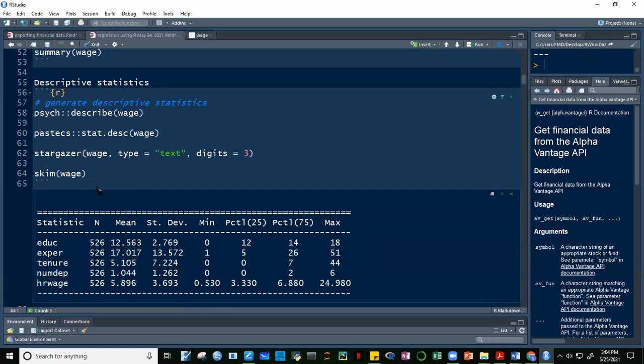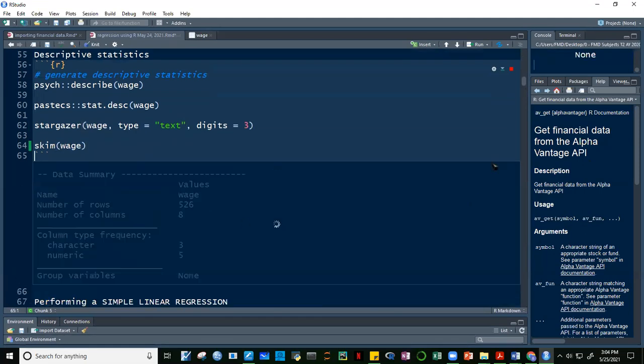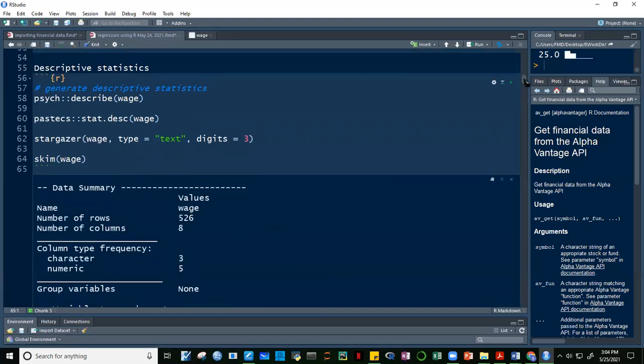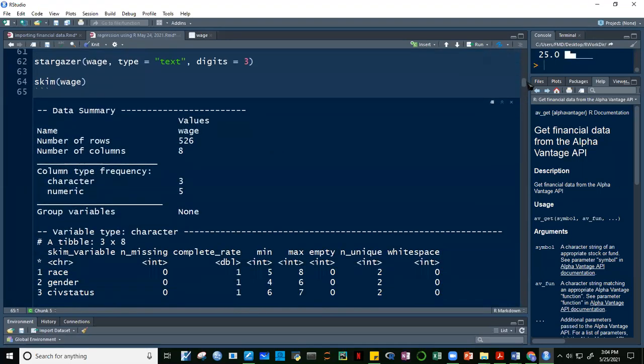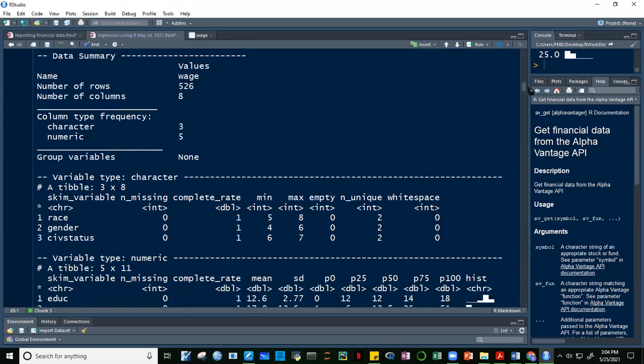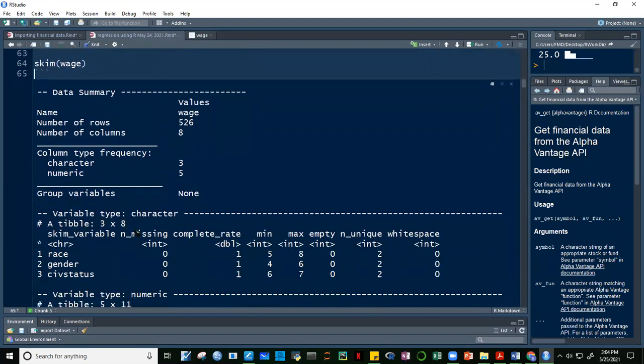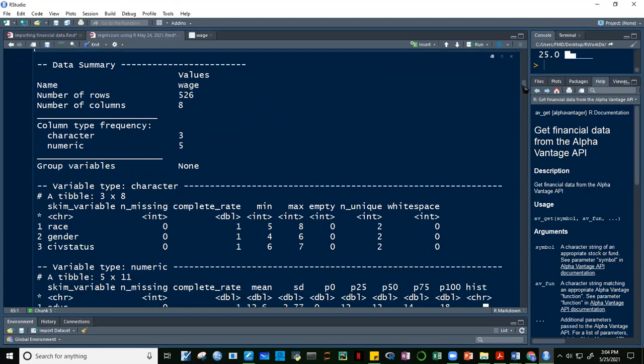No? And then you can make use also of skimr. Okay, skimr ganun din, parang tabular siya. Dito kay skimr, naka-divide yung categorical tsaka yung quantitative. Okay, so ito categorical, character. We don't have much information from that.